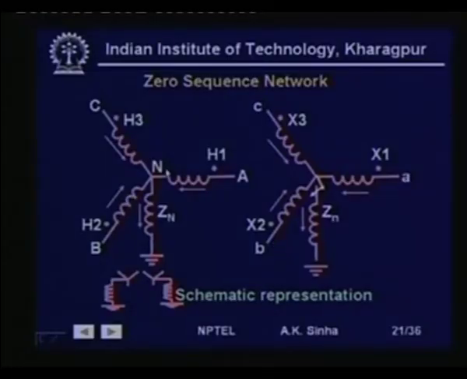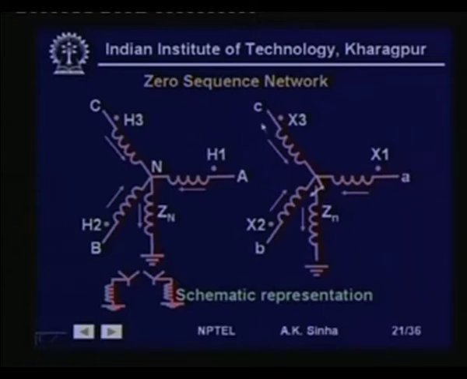Now, for zero sequence we have some complication in case of transformers because of the various types of connections which are used. If you look at this diagram, here we are showing this is phase A, phase B and phase C. This H1, H2, H3 are showing the terminal, H is showing the high voltage side and X shows the low voltage side.